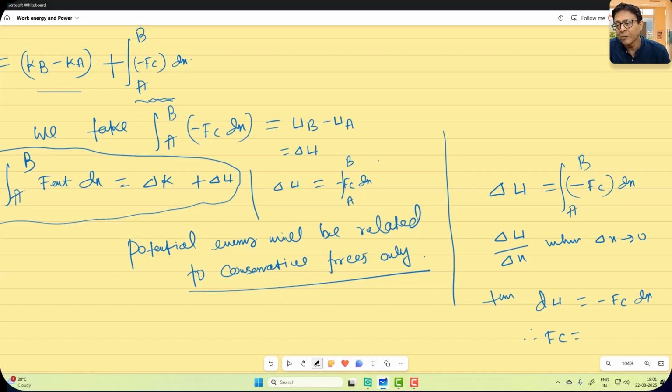Therefore, Fc is going to be minus dU by dx. So the conservative force is given by the negative gradient of the change of potential energy. Clear? It's okay?